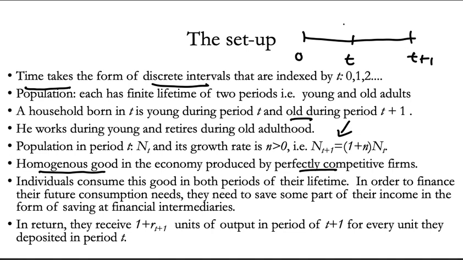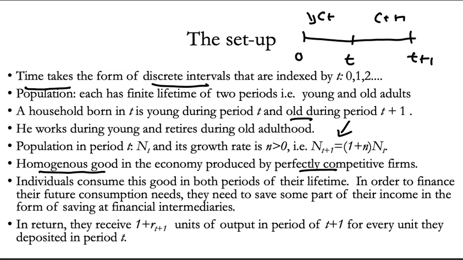Within these two periods he consumes here and also here, denoted as C_t and C_t plus 1. During the young period, this person works and earns income, isn't it? During the old period, he retires, so he doesn't earn any income.